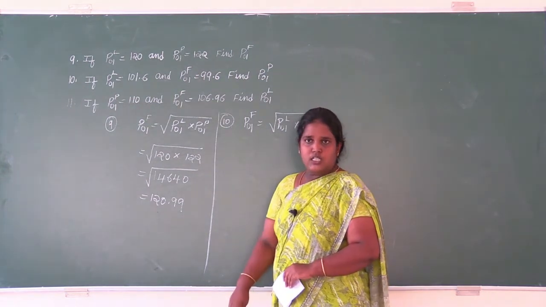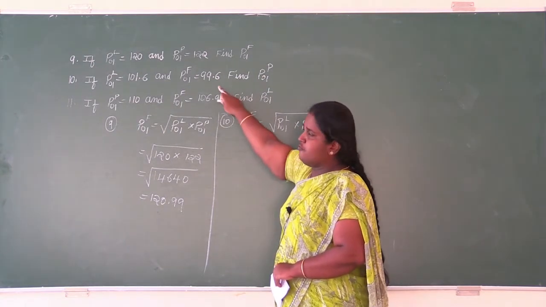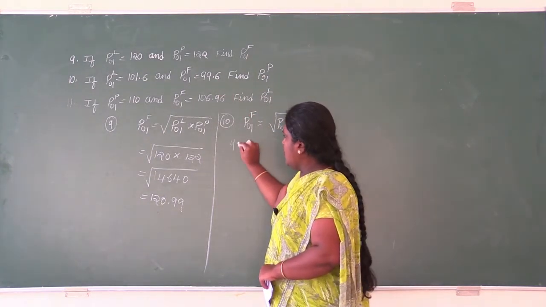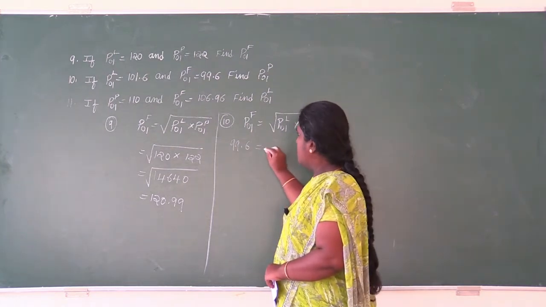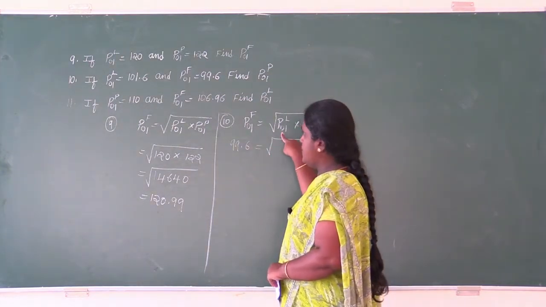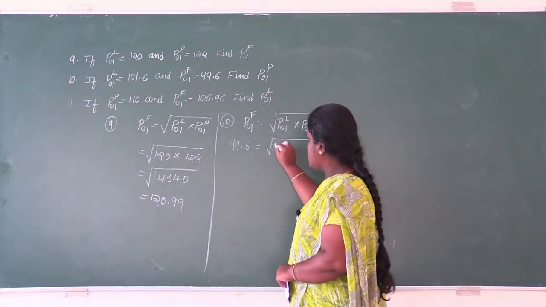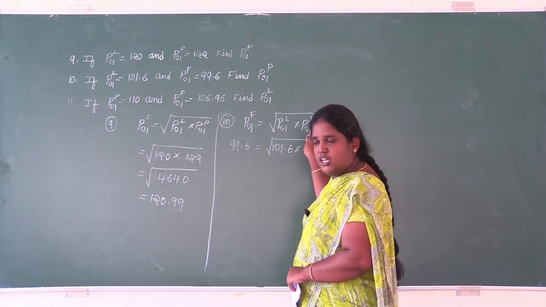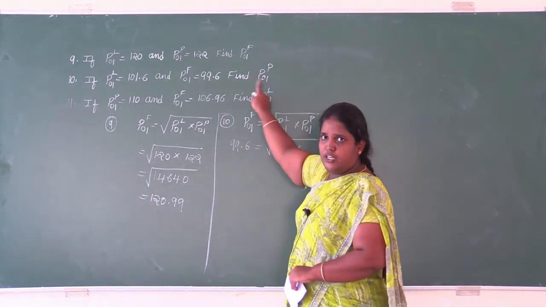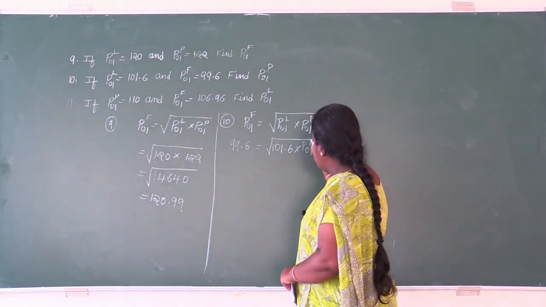Now see what is given and substitute. So P01F is 99.6 equals square root of P01L, which is given as 101.6, into P01P. It is not given, that is what we have to find out. Find P01P. So P01P we will write as it is.